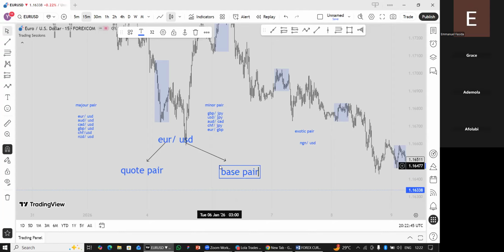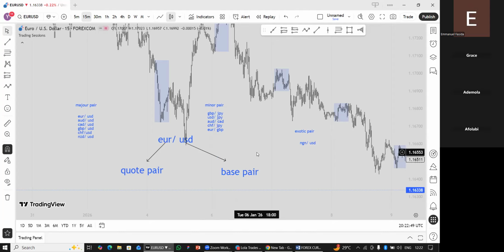So for example, if I say I want to buy EUR/USD, what I'm saying is I want to buy Euro against the US dollar.